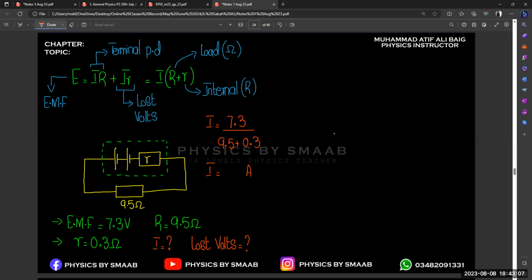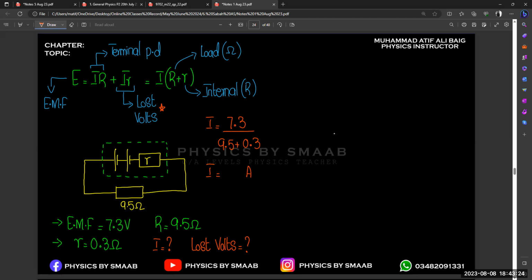You may do one more thing that is very simple. In the above formula, lost volts can easily be found with I times small r. The answer is 0.22. If you multiply by the process you mentioned, you will get 0.22, and if you use this formula, you will also get the same result, 0.2, for the lost volts.